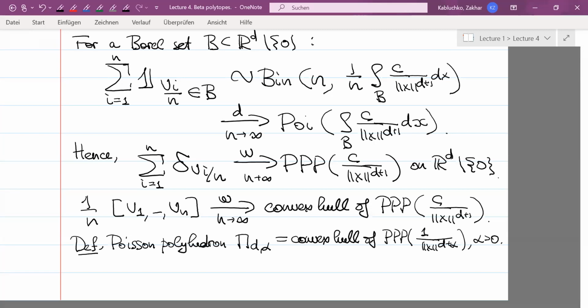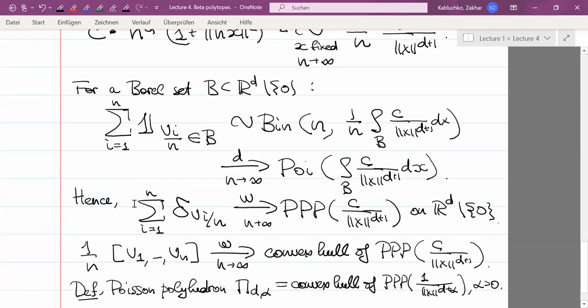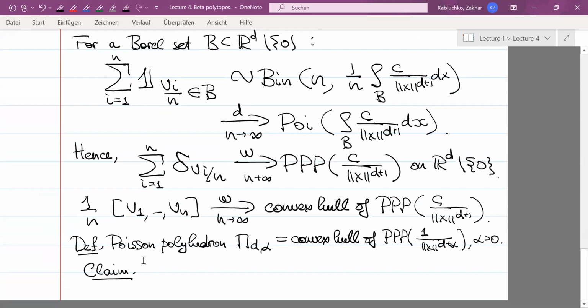And here we have a special case of this, and I hope it's now easy to believe. Of course, it's not a proof, it's some sort of weak convergence, but then we take functionals, so we have to prove that the functionals are continuous in order to conclude what I'm writing now.